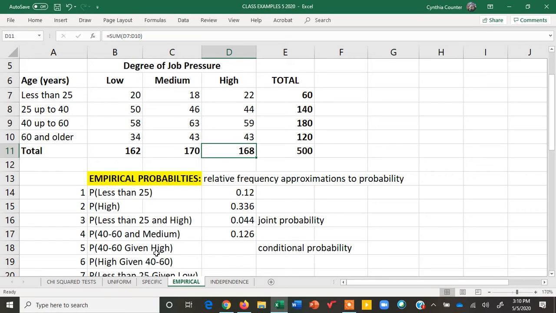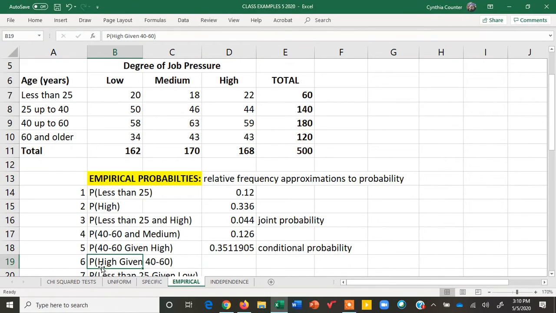So whenever you have a given and a conditional probability, the sample size is shrunk to just the total corresponding to the given category. So from the highs, we have 59 that are 40 to 60 out of the 168 that reported high job pressure. 0.3512, rounded off. Okay, so that is a conditional probability.